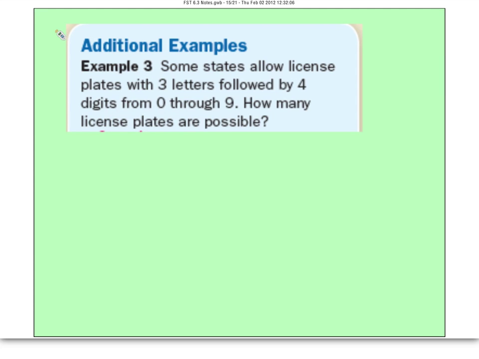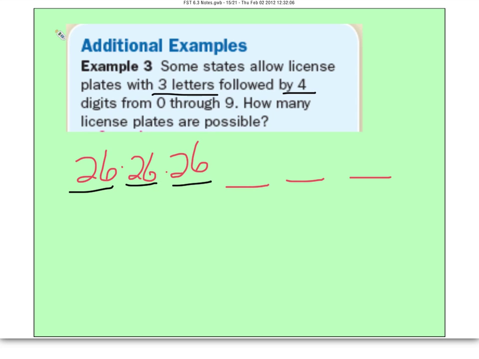Let's look at one more. Here we have a license plate with 3 letters followed by 4 digits. So we're going to do 3 letters and 4 digits. In this case, assuming that we can have repeats, we'll have that scenario. And then we're going to have 4 digits.